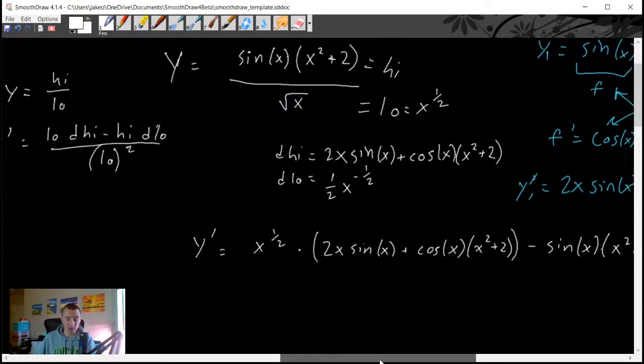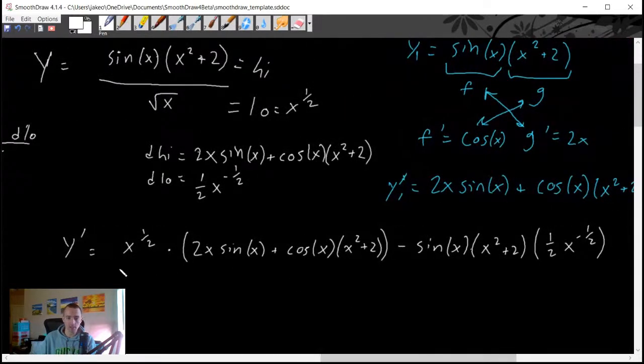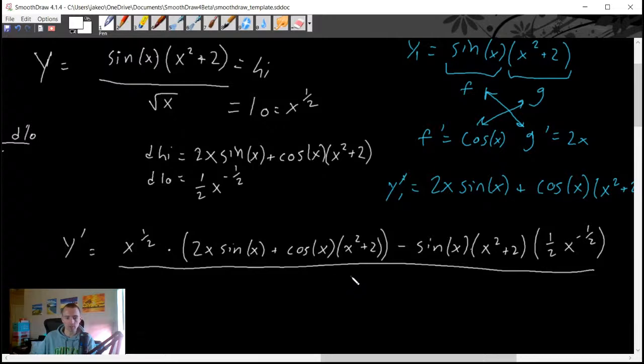The square root of x squared is just going to be x, because the square root and the squared will cancel out. So that's just going to be all over x.